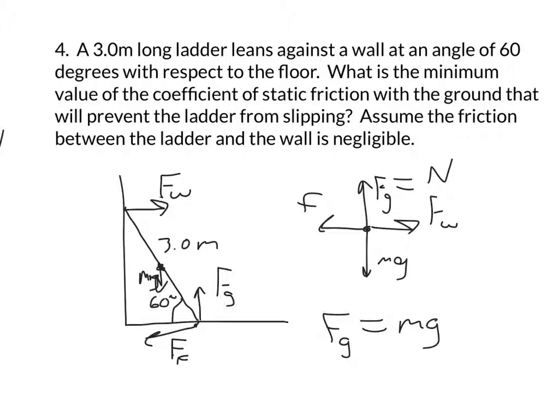It's the normal force responsible for the friction force. So that might be a little better for us. So the normal force pushing up on the bottom will be equal to mg, and the wall force should be equal to the force of friction.